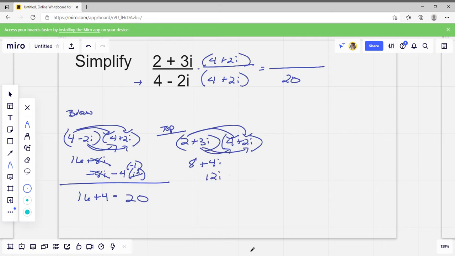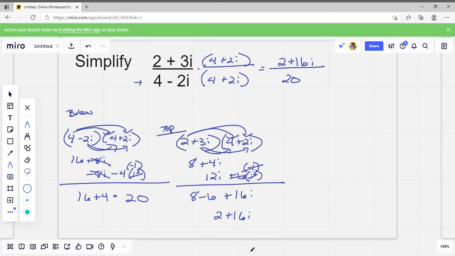And then 3 times 2 is 6, and that would be i squared, so that would be negative 1. Alright, so we're going to have 8, and then 6 times negative 1 would be negative 6. So 8 minus 6, plus 4i and 12i will be 16i. If we put these together, we would have 2 plus 16i. That's our new top.